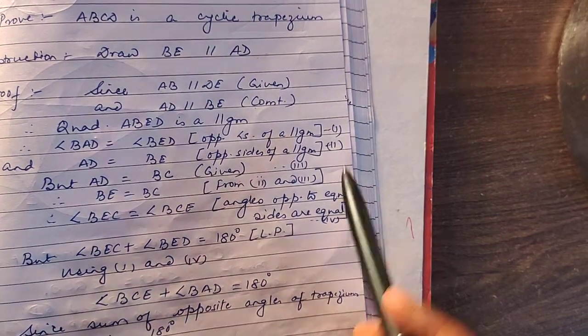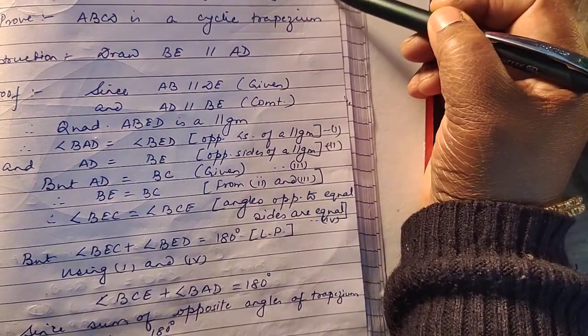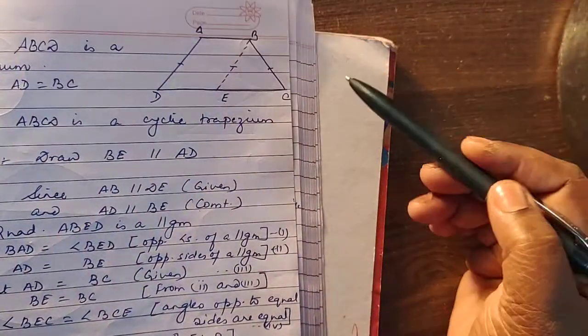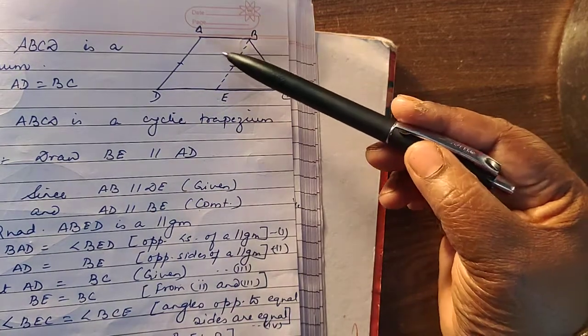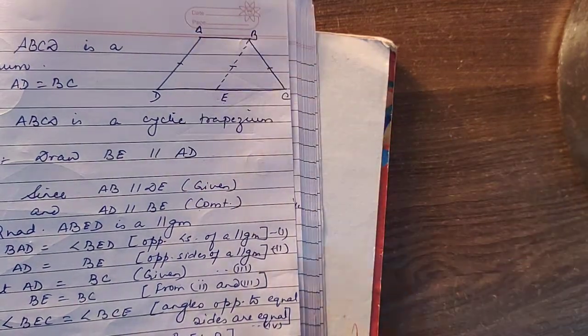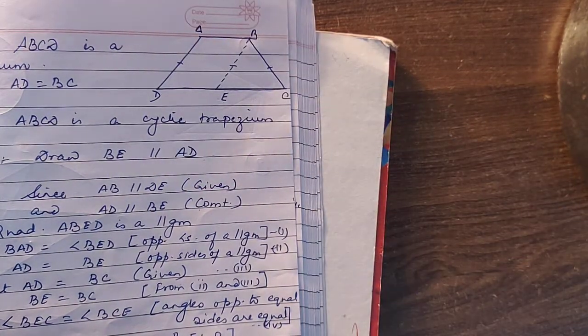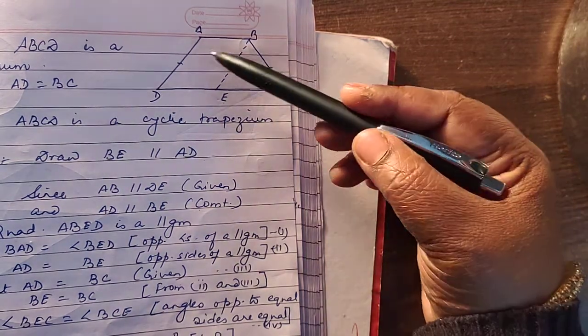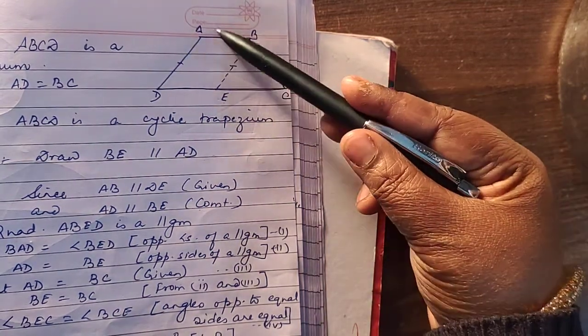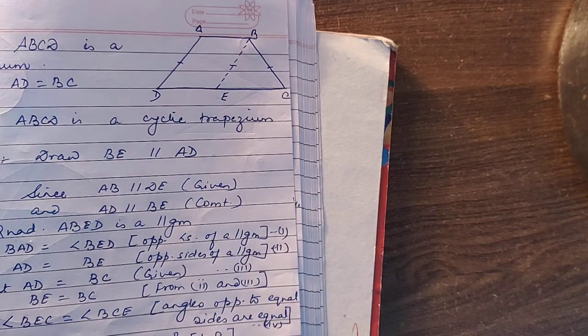Now since the sum of opposite angles of this trapezium is equal to 180 degrees, therefore ABCD is a cyclic trapezium. Proved.